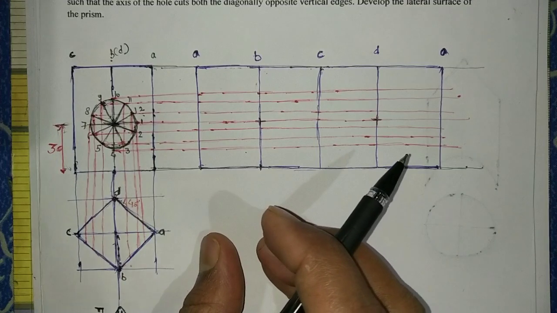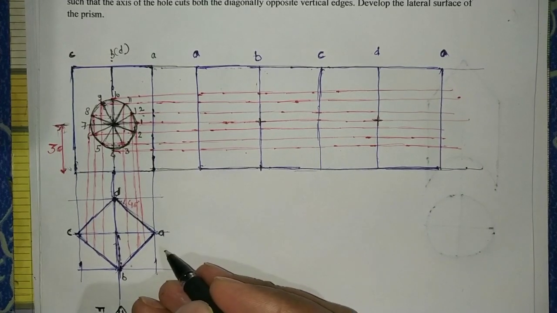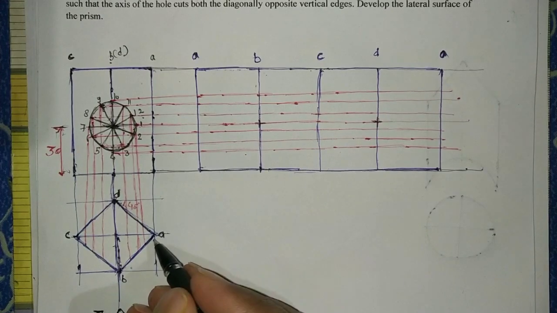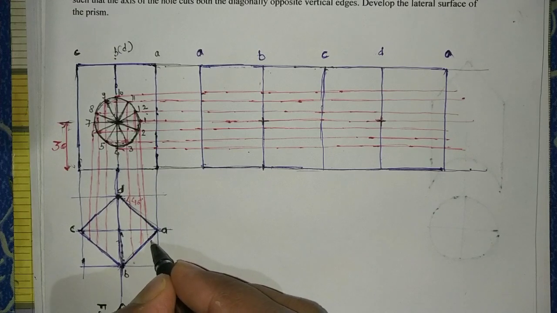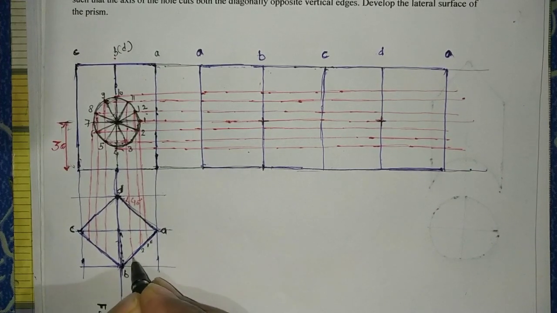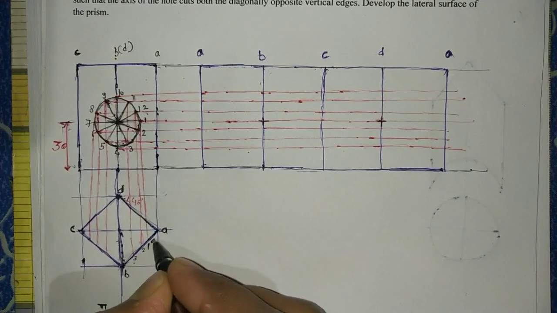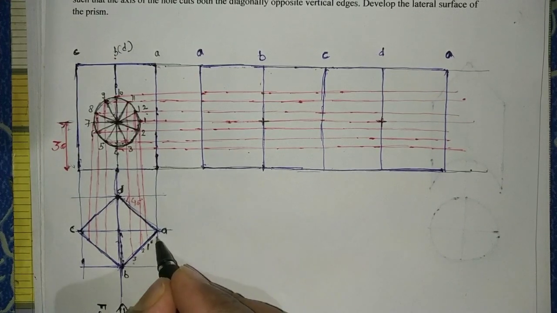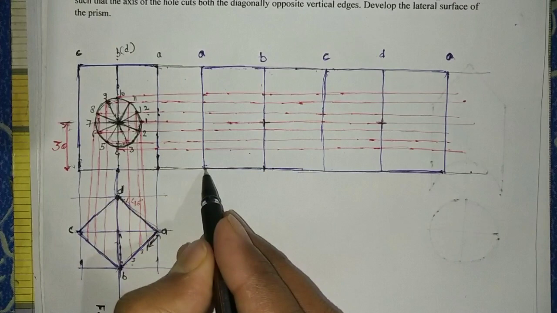Now we will start measuring the distance. Okay, from A to this much distance, let me call it 1, this 2, this one is 3. So from A to 1 we can measure distance, this much, and A edge is this one.